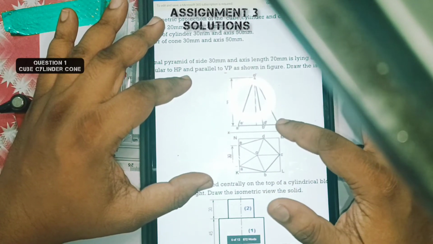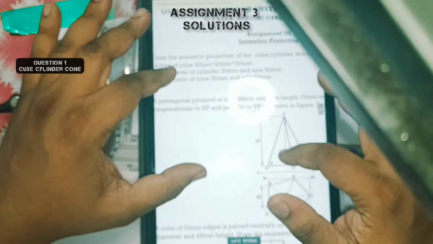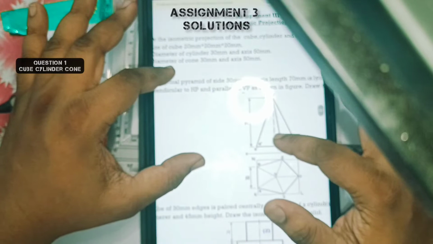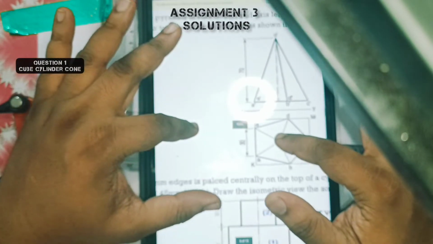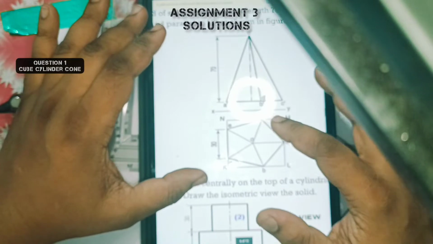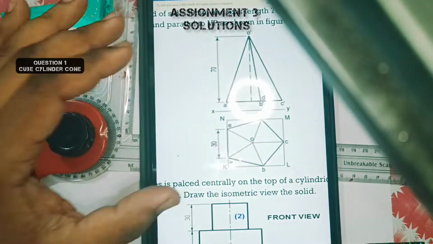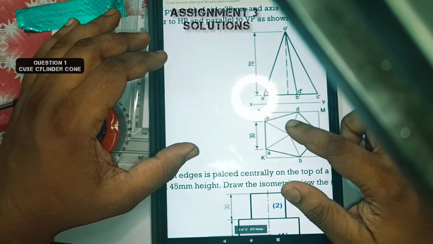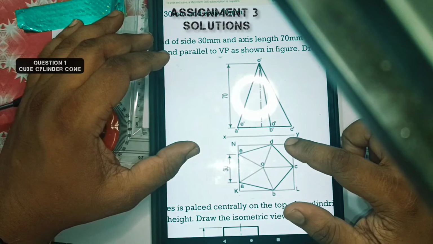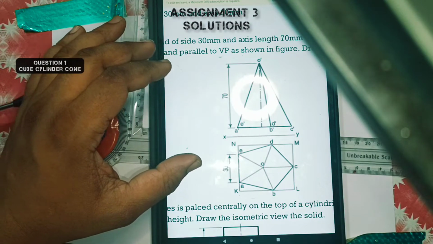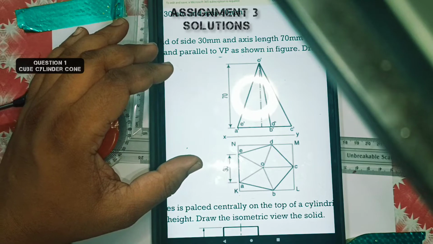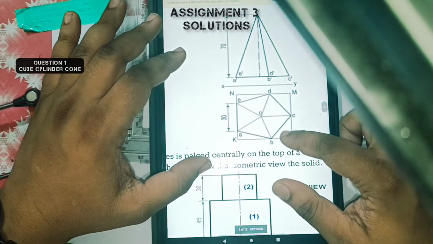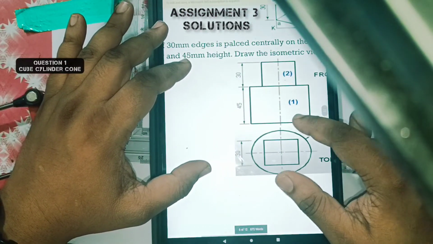In isometric view, the question would be like this: the position of the object is given to you, like you are given here with this orthographic view, and you may find orthographic views of different figures like this.